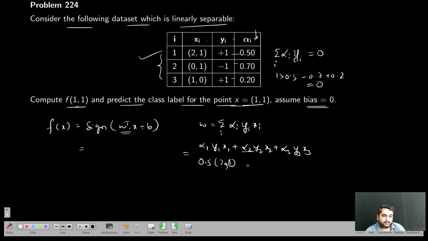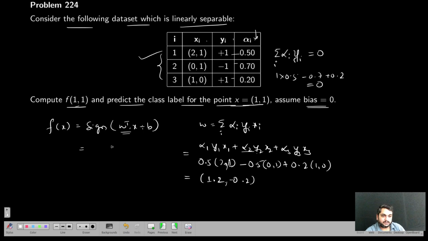Alpha 2 is 0.7, y2 is minus 1, so minus 0.7, x2 is (0, 1), plus 0.2, y3 is plus 1, and x3 is (1, 0). If you solve this, we get (1.2, minus 0.2).